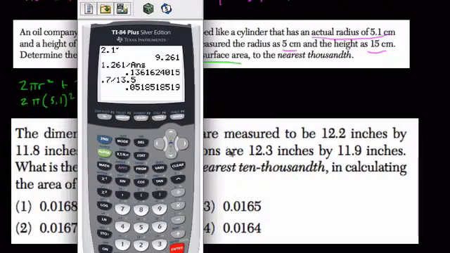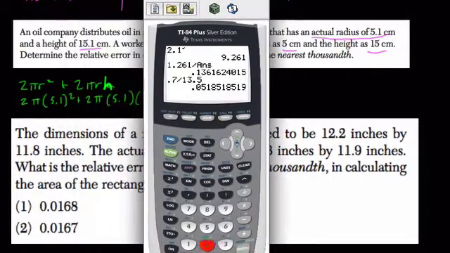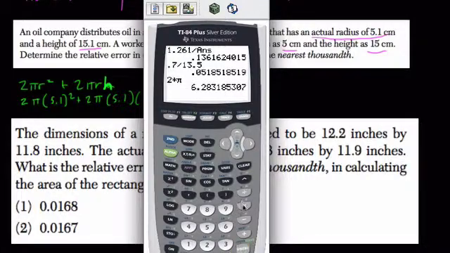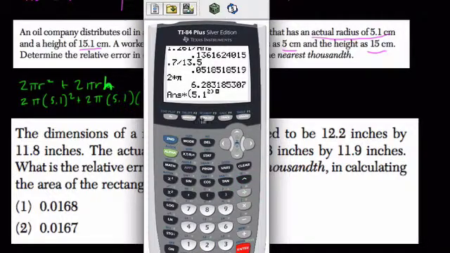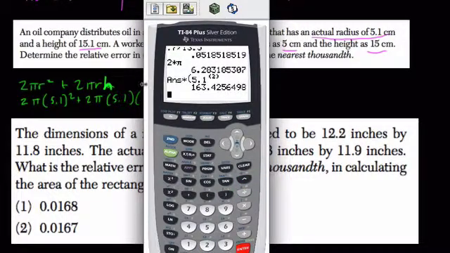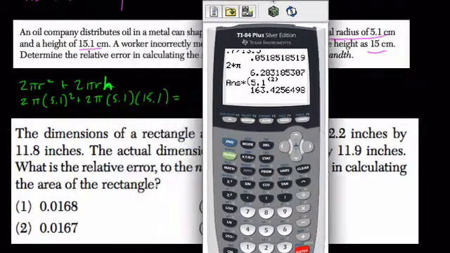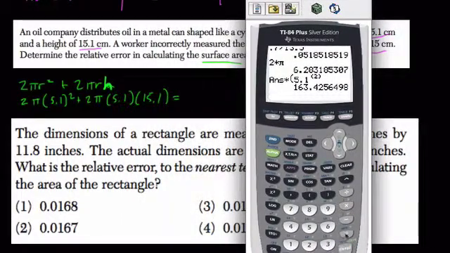Let's see what that is. So here, 2 times pi, press enter. That's being multiplied by 5.1 to the second power, and that's 163.4. You don't have to write it down, the calculator will keep track of it for you.